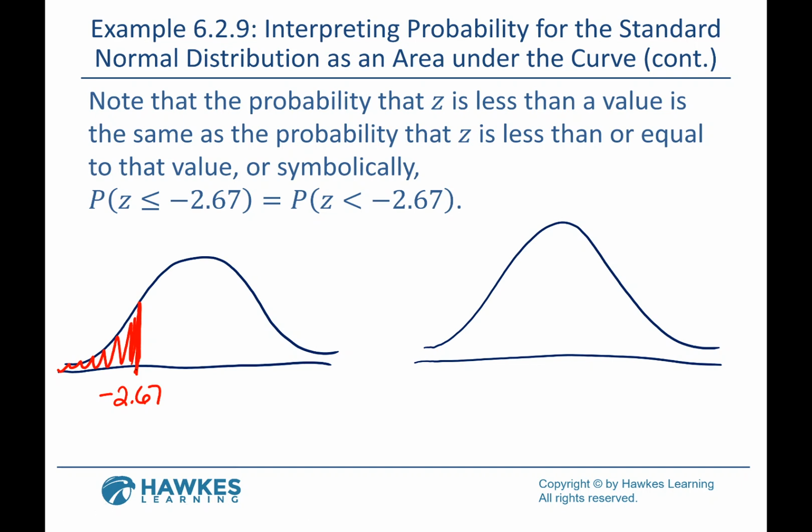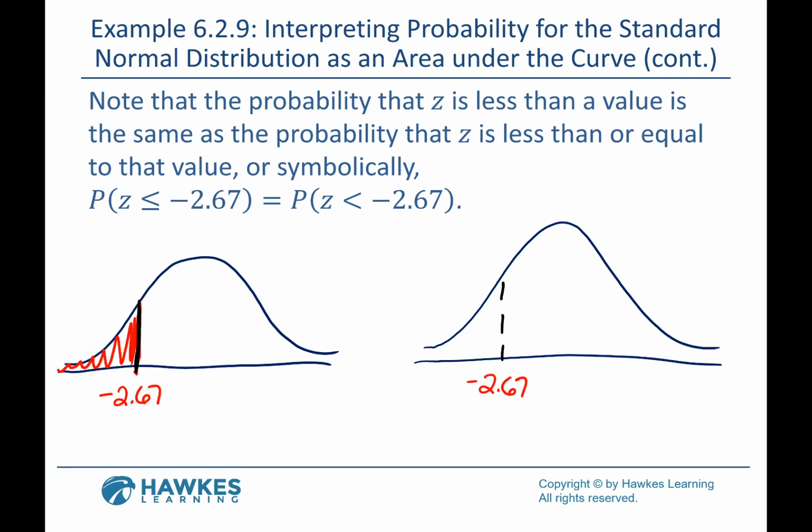If you think back to algebra class, the only difference if you're graphing an inequality is that if you don't have the equal bar, you leave out the line. You have a dashed line instead of a solid line. So the only difference is that over here, we would not include the line in our calculation.